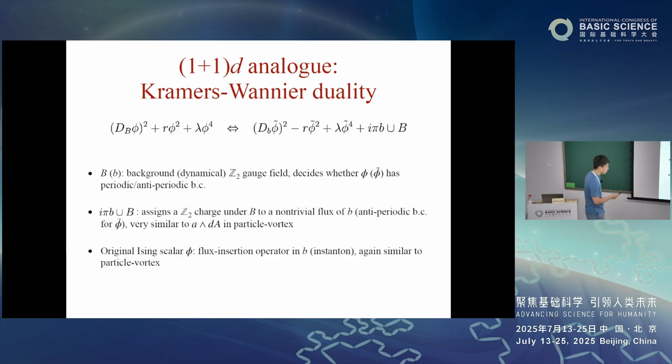That's very much similar to the monopole operator. Right? So again, this 3D story is very much in parallel to the 2D story. Yeah, that's the thing. Discrete gauge fields tend to have fairly trivial dynamics, and that's why this is actually simple.